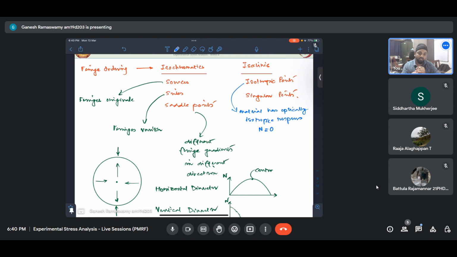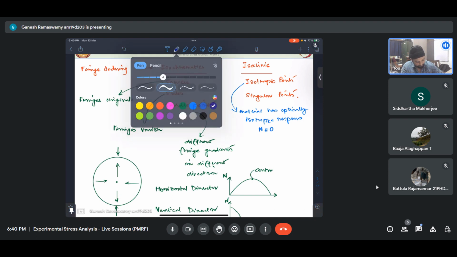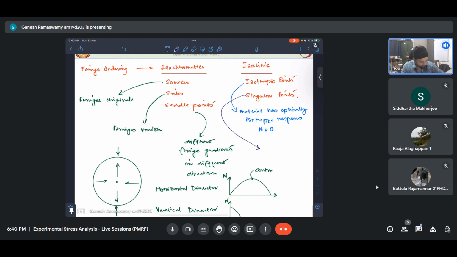Now there is something peculiar when these isotropic points also fall on the free surface. Those are called singular points. Singular points are nothing but isotropic points on free surfaces. This has some interesting implications that we will look into later.